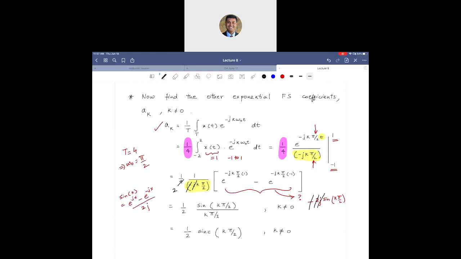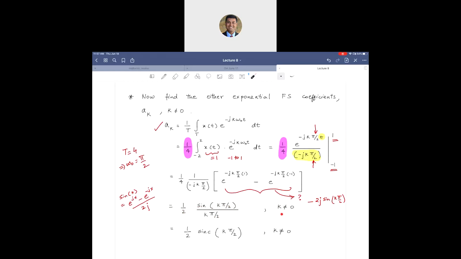So your result is half sine k pi over 2 divided by k pi over 2. Let me erase those things so that it doesn't confuse you later on. Half times sine k pi over 2 divided by k pi over 2 when k is not equal to 0.